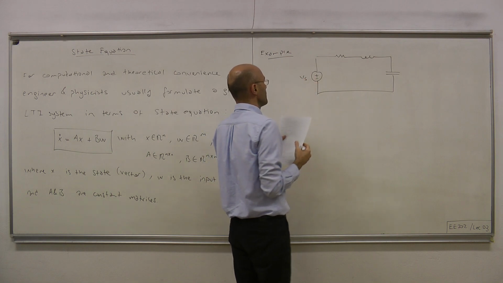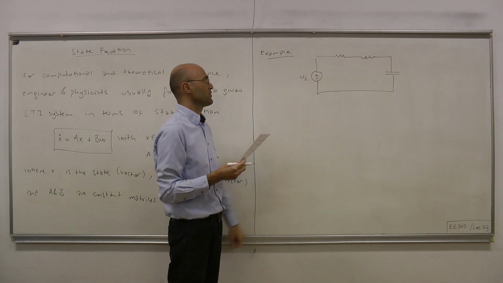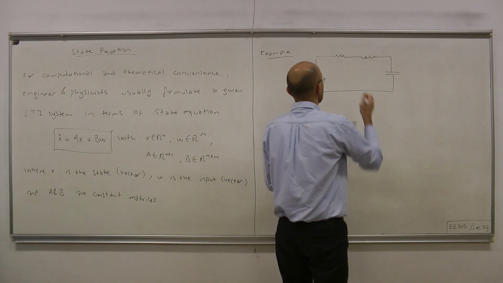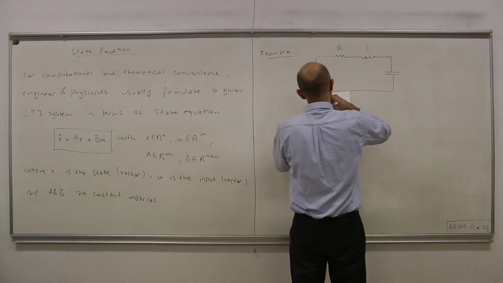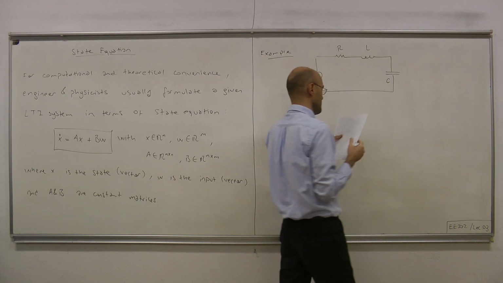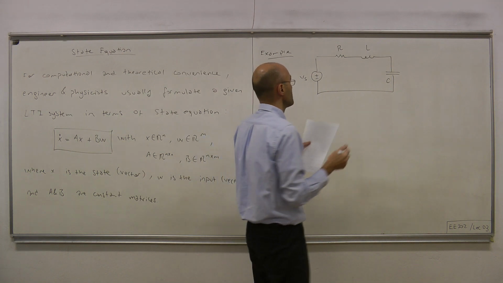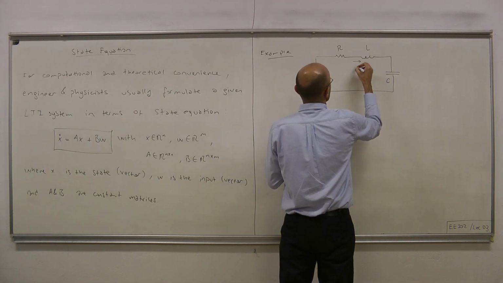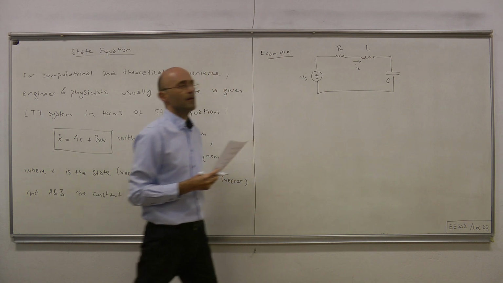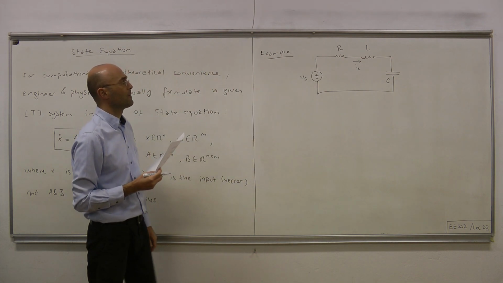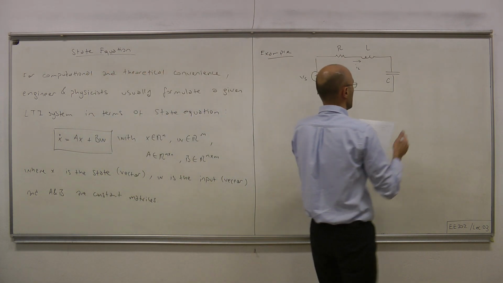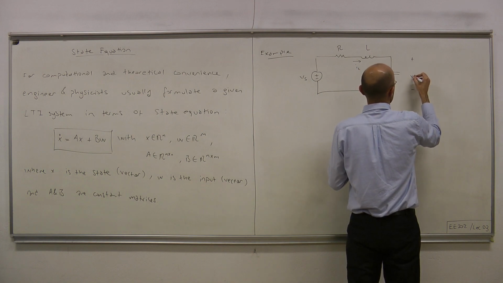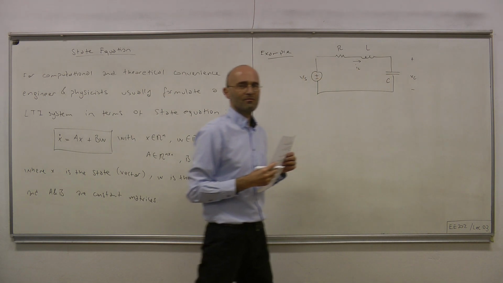So this is our input for this circuit. It is LTI, so we have R, L, and C as our circuit parameters. This is the direction of the inductor current, and this is the polarity of the capacitor voltage.